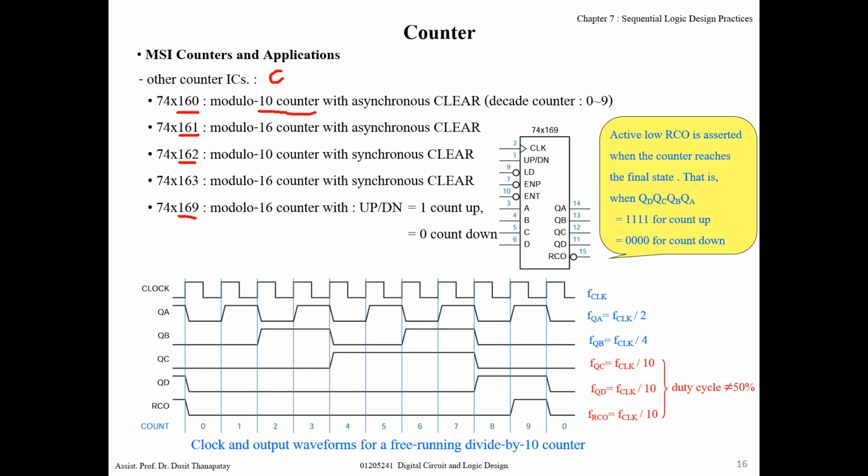That means it counts 0 to 9, or 0000 to 1001 in binary, and this one has asynchronous clear.